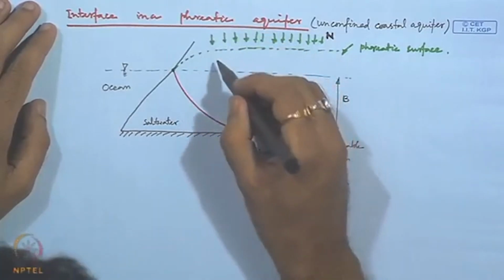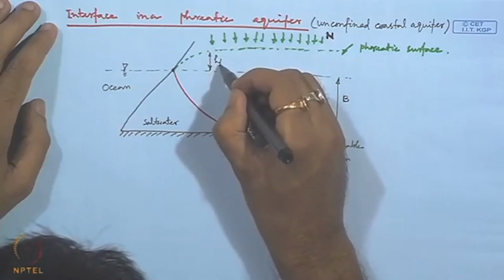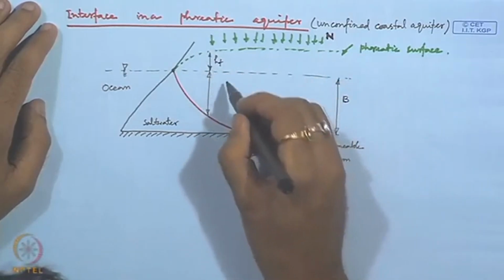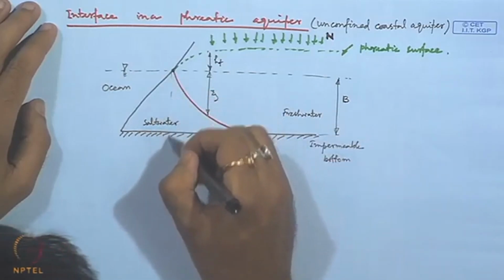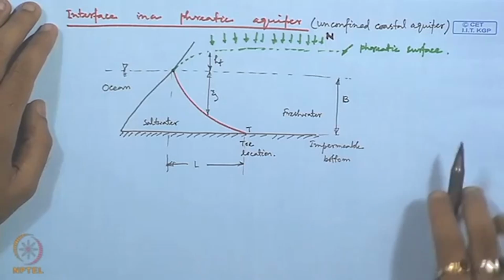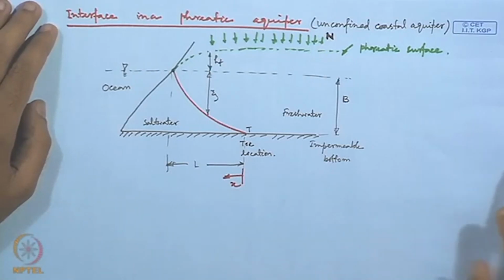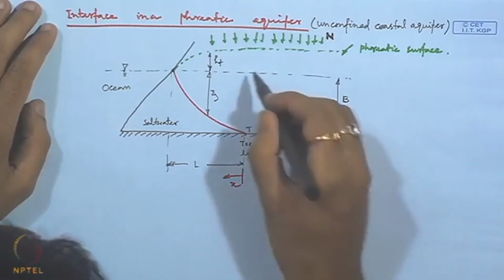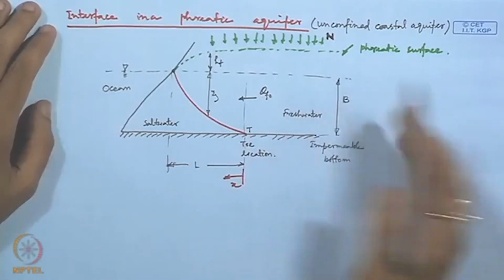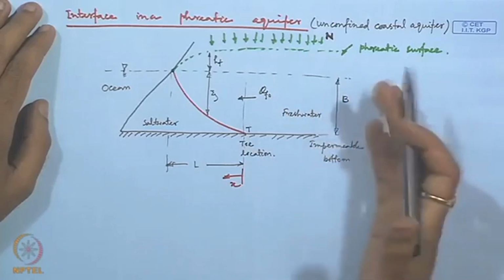So, with this height of groundwater, fresh groundwater table above ocean level is HF, and below this ocean surface level till the interface we have distance xi, and saltwater wedge length, this is again L, and our coordinate system we are assuming from the toe location towards left, and we have again this q f naught, which is the difference between the flow which is coming from right side boundary, and this is the difference between flow and pumping.